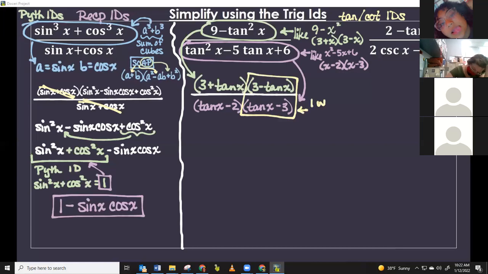I want to cancel these. But right now, up here, the tan is the thing that's negative. And down here, the 3 is the thing that's negative. I need the same things to be positive and negative. So here's a thought. If I multiply this by -1, would that make the tan negative and the 3 positive?